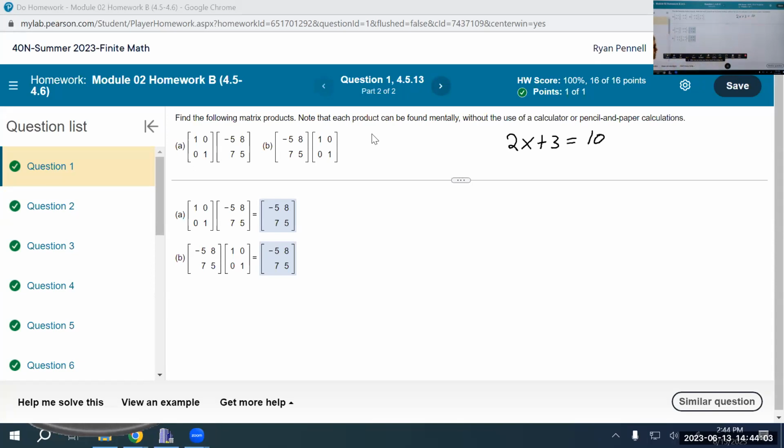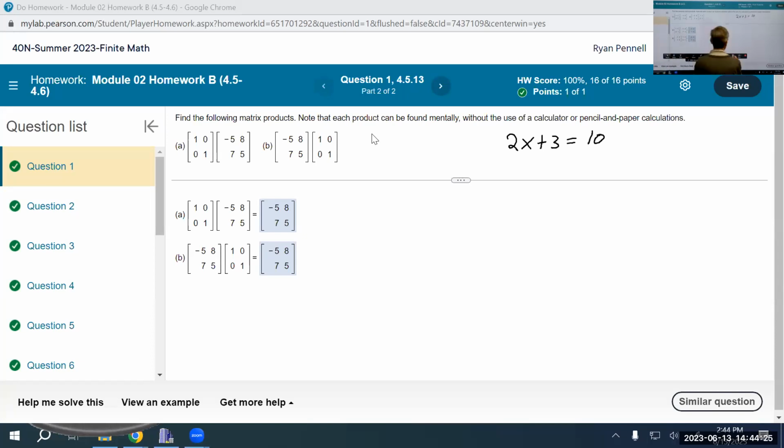In algebra class, what did you do? You subtracted the 3 and you divided by 2. So you get 7 halves. That's how you would do it in algebra class. What does that mean for matrices? How would you divide by a matrix? If X was a matrix, how would we solve for this?